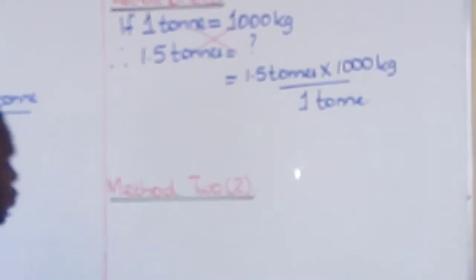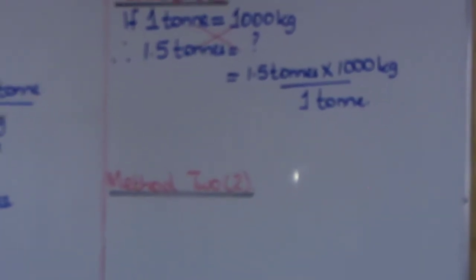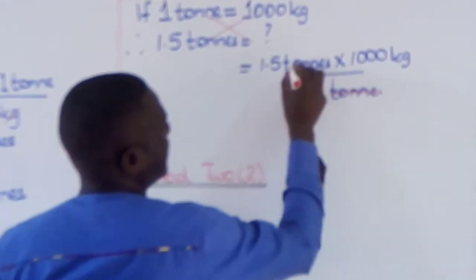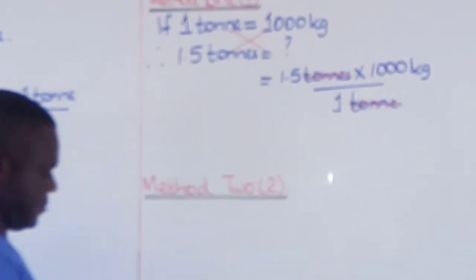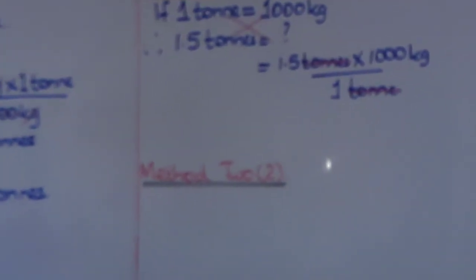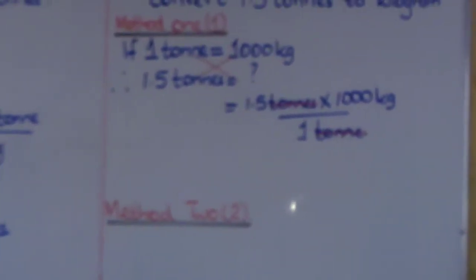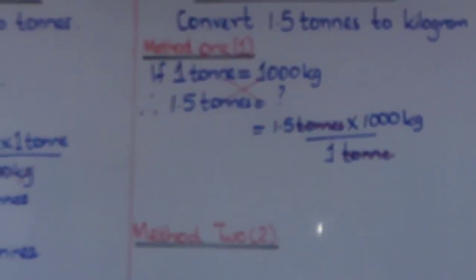I hope you understand and are following. Boys and girls, we cancel a ton and the ton. We are left with 1.5 multiplied by 1,000 kilograms.